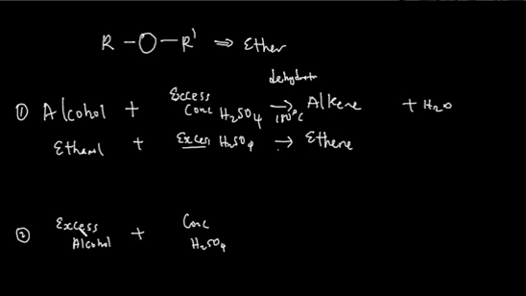Now come here. If you have excess alcohol and conc H2SO4, it will give ether. The other way of calling an ether is alkoxyalkane, plus water. So it's important you highlight and take note of this. If H2SO4 is in excess, it will give alkene, but when the alcohol is in excess, it will give an ether.